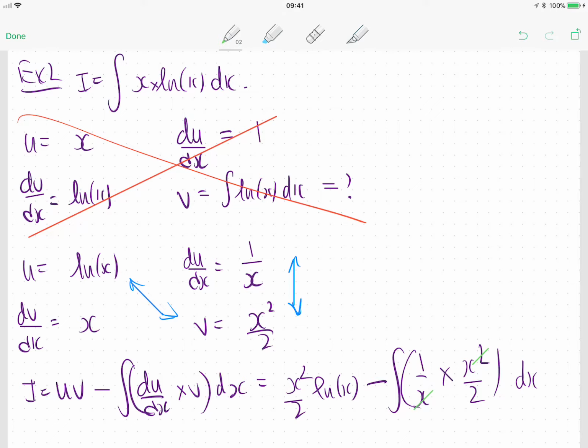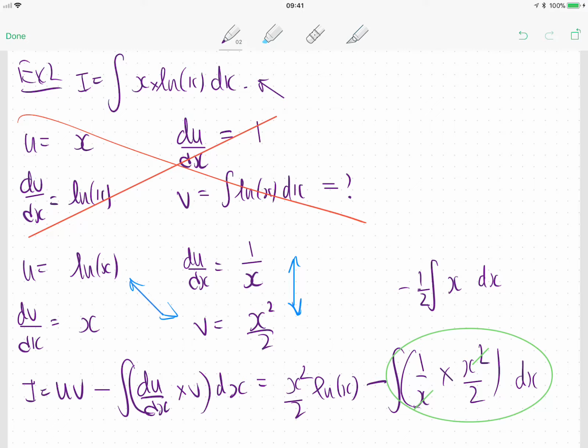So what we're left with is integrate, I'll take the half to the front, and we have x dx. So wow, we end up having a problem of integrating x, which is significantly easier than integrating x log x.